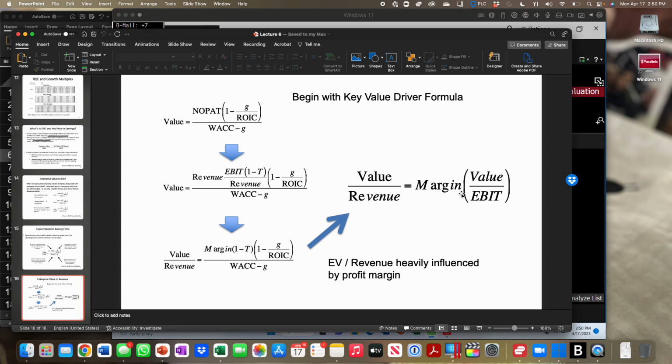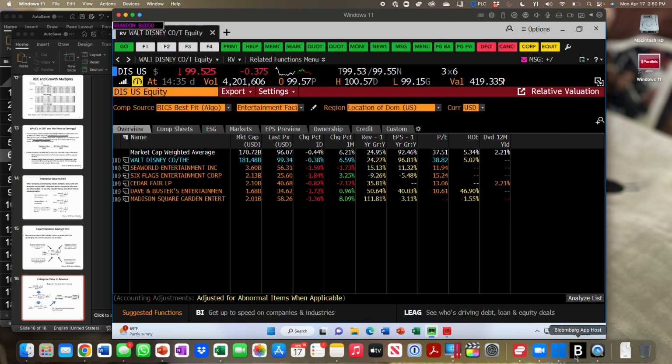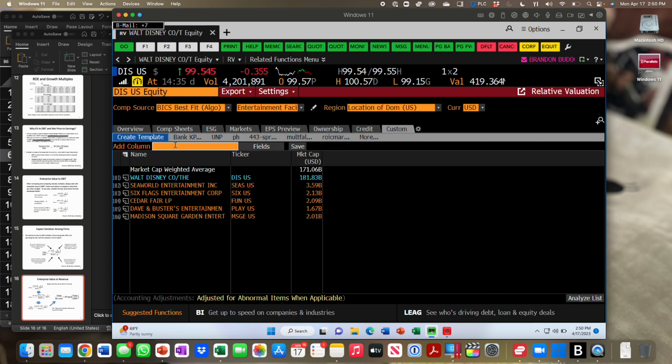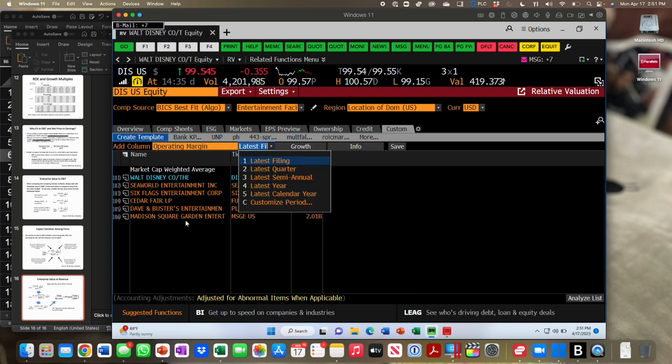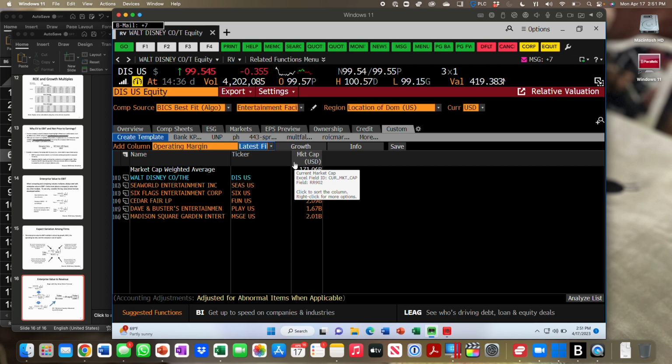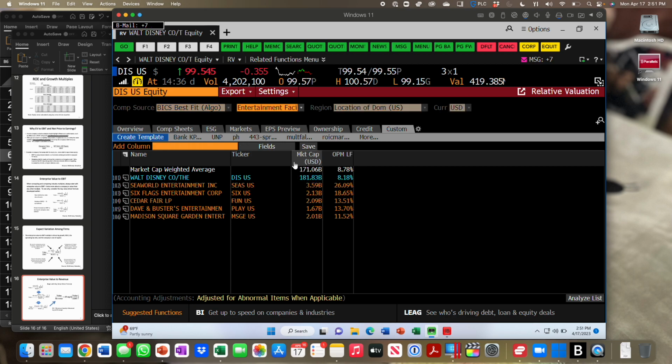So just as an example, if I look at the operating margin as of the latest filing for these entertainment companies, some of them are trading at from 8 to 20%, fairly high.